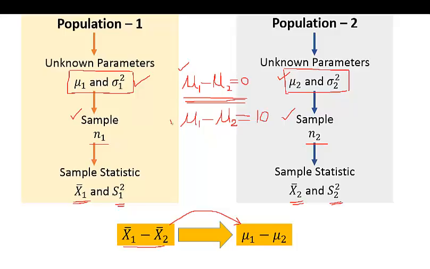This statement states that the average in the first population is more than the average in the second population by 10 units. So we will call it testing of hypothesis about the difference between two population means.